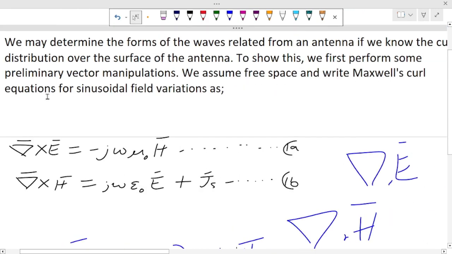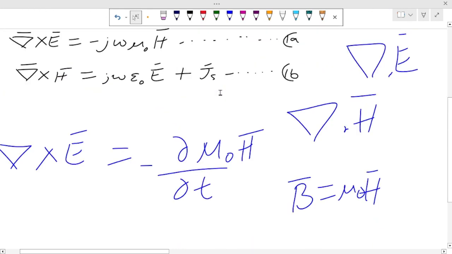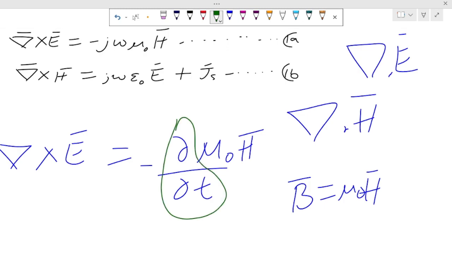Now, there is something that was stated in this case: we assume free space and write Maxwell's curl equations for sinusoidal field variation. Sinusoidal tells you that it's dealing with the frequency domain. Look at this thing you have here; this is in the time domain. Write this in the frequency domain, it will be j omega.